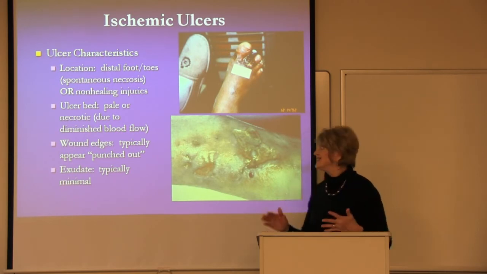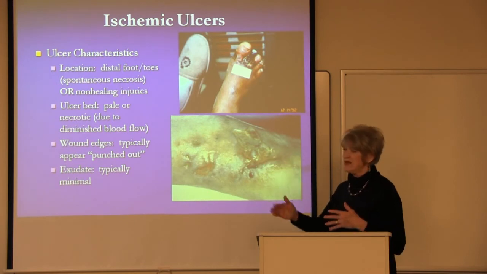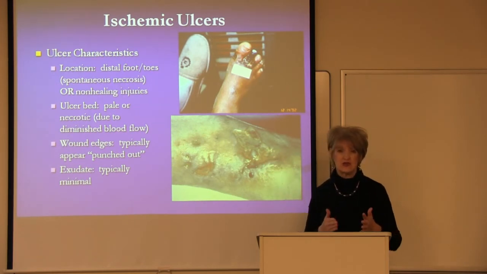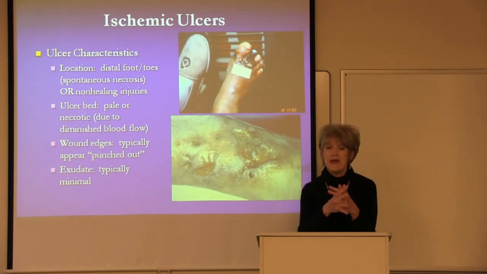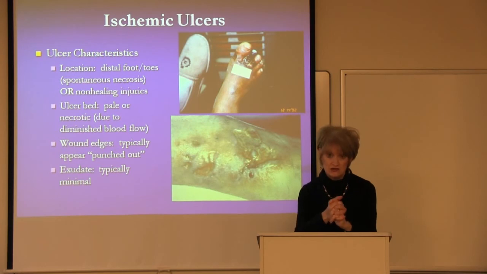Well, location is one. So you always pay attention to where this ulcer is located. Now think about the fact that arterial ulcers occur in response to a delivery failure. You're not delivering oxygen and nutrients to the tissue.